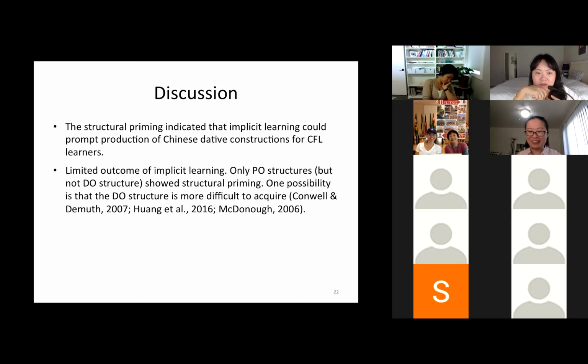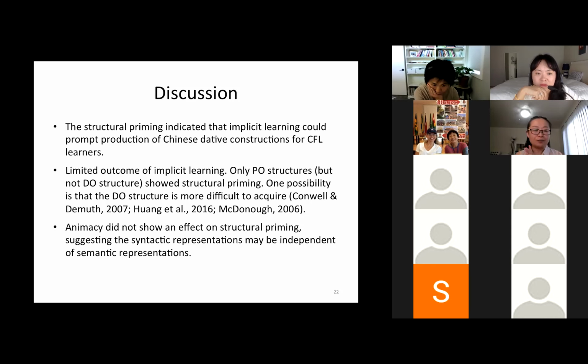I'm not sure this is correct, as I haven't taught Chinese for a while, but previous studies support that the DO structure is more difficult. And animacy didn't show an effect on structural priming, suggesting the syntactic representation may be independent of semantic representations. At least animacy doesn't affect production of syntactic structures here.